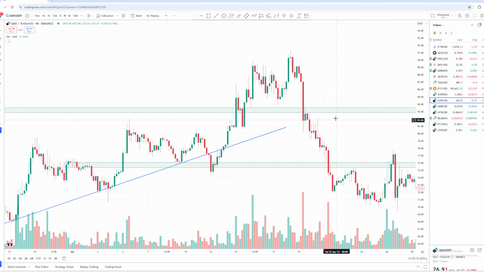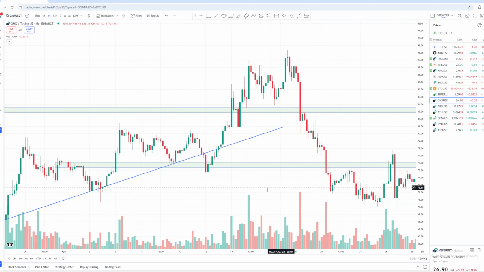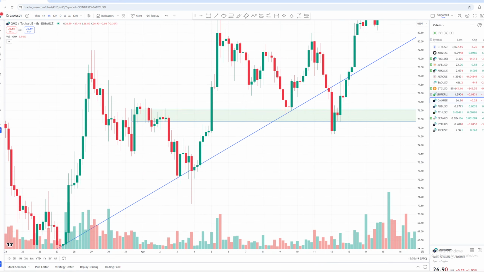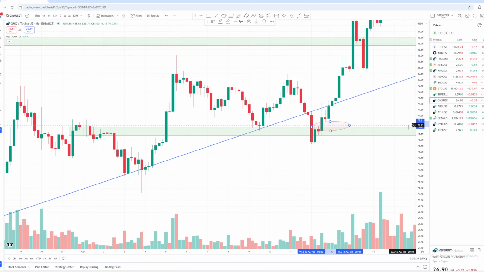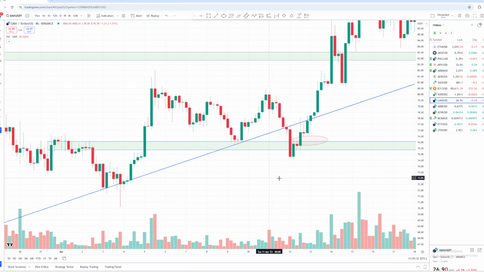These are things that are not very close to your invalidation. If you're buying a washout, or if you're buying support, in this case just an example, not the greatest example here, but if you're buying in this area and then asking for a push higher, then you're very close to your invalidation right here.